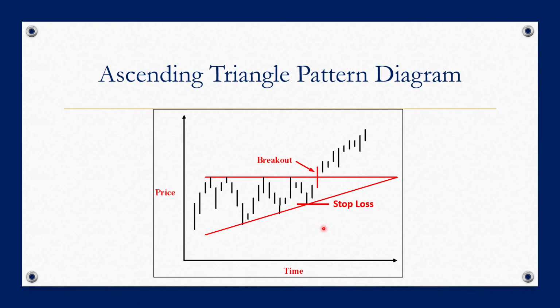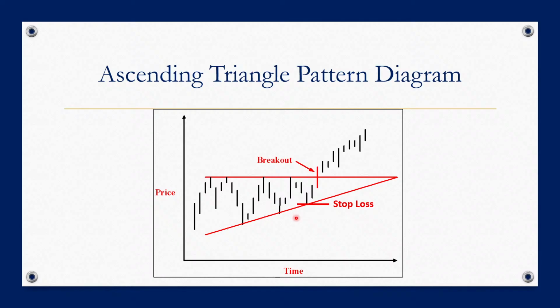The third is, where do I set my profit target? I know where my breakout level is. I know where my stop loss level is, but I want to know where I should consider taking profits. So what you do is you measure the distance between resistance and your lower trend line.